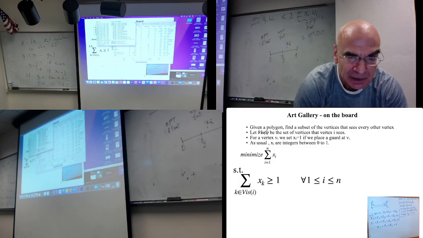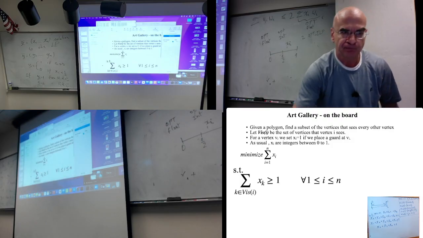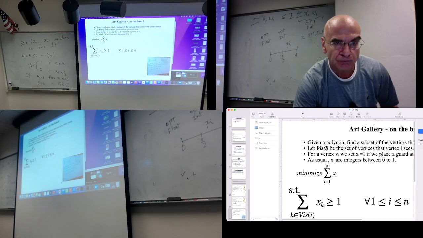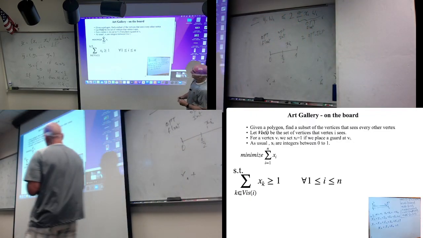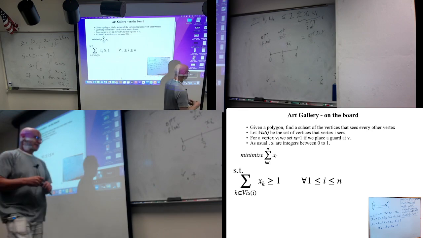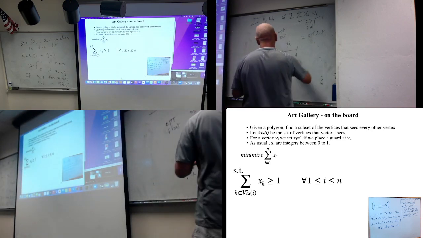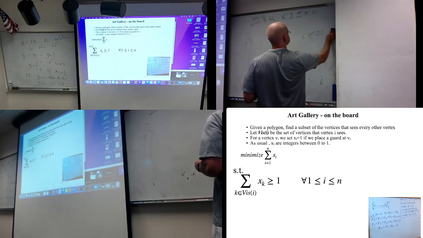Never mind, didn't see. So let's talk about the art gallery problem. We'll talk about the art gallery problem a few times during this course. Let's define the art gallery problem, actually our next topic.